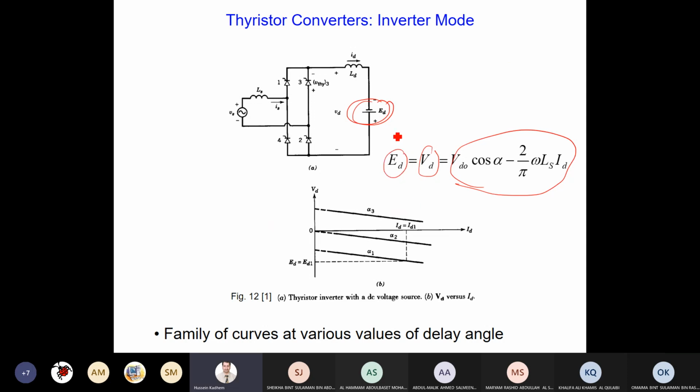Voltage delivered equals ED. Based on this simple formula, if I plot VD and ID for different alpha, we can see that some of them will be in rectification mode, some of them will be in inversion mode.